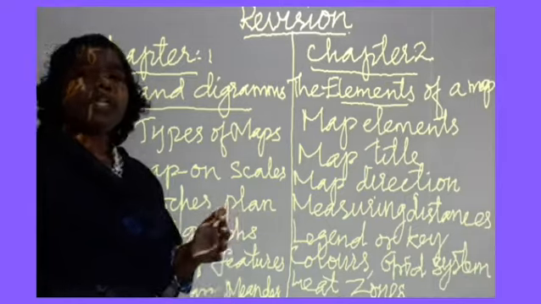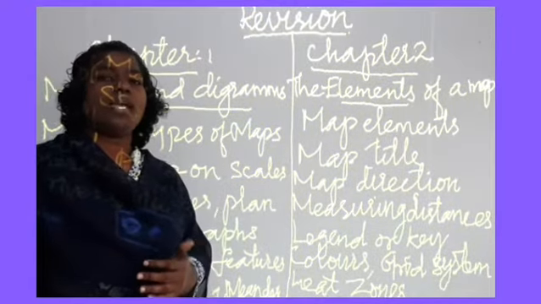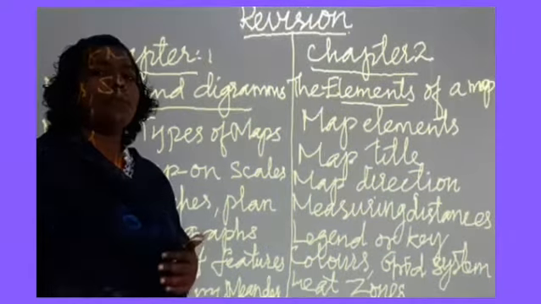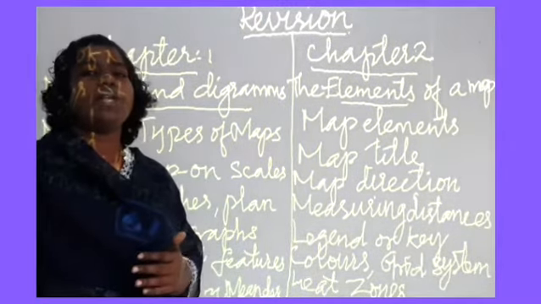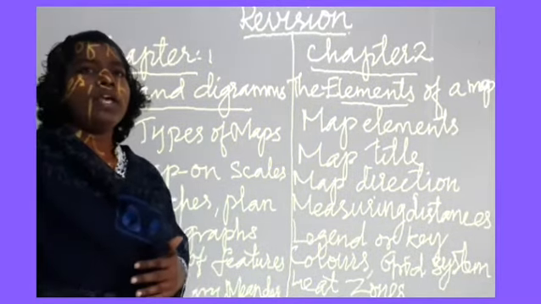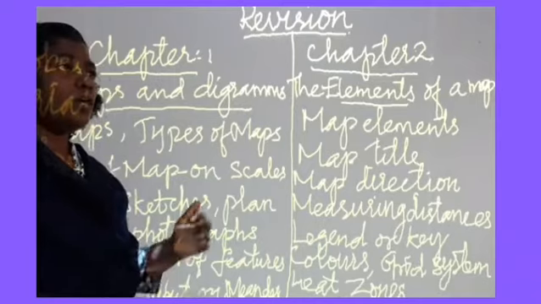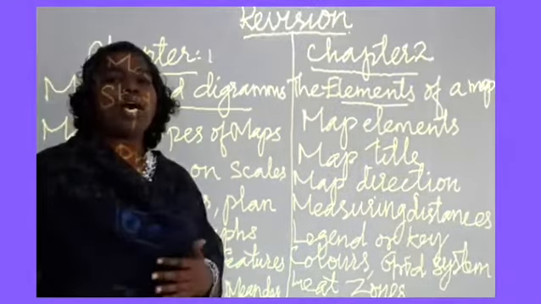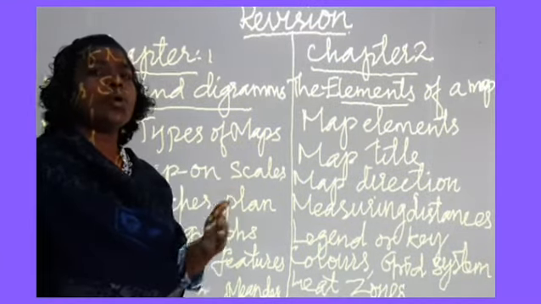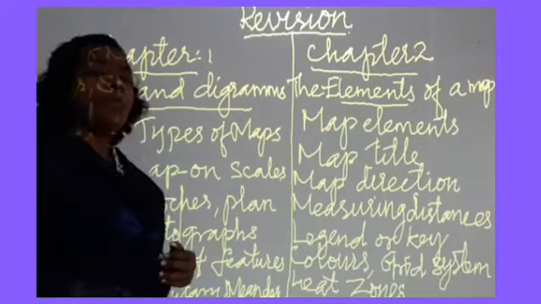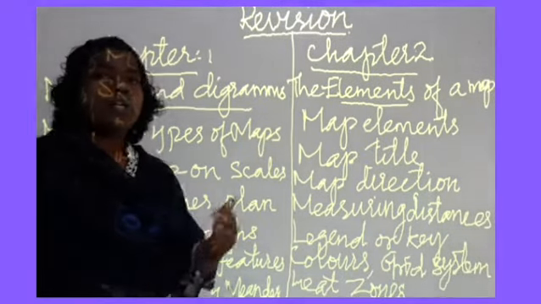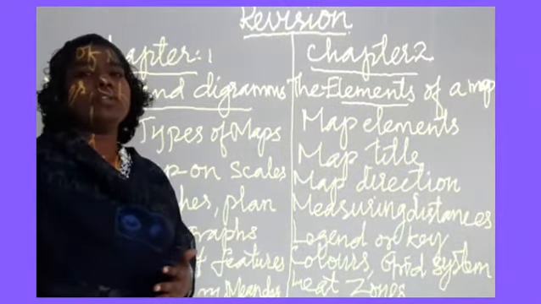And the last one is the topographical map. And what is a topographical map? A topographical map is a kind of large scale map. This topographical map shows both natural and man-made features. What are man-made features?